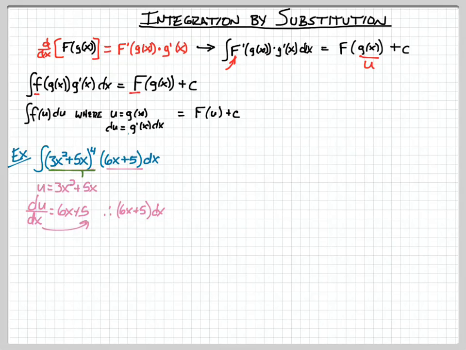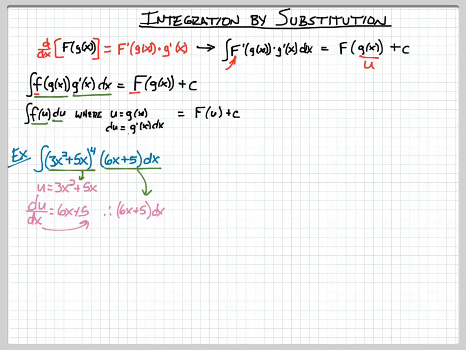This is nice because now we have our u function and we have our du function, and we can integrate this thing nice and easy, just like we did right up above. So we can do it using composite methods with a g of x in there, or we can use u and du functions.